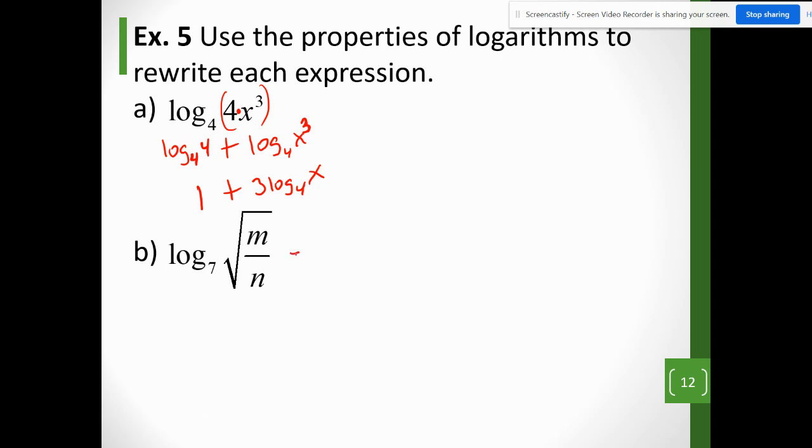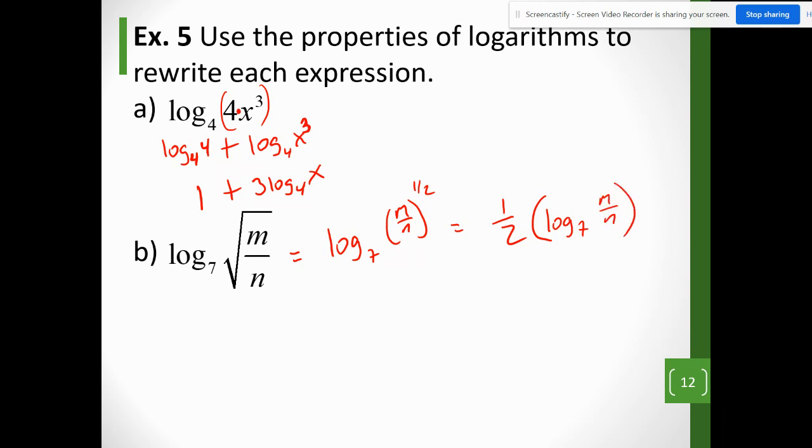Now for example B, let me rewrite this as log base 7 of m over n to the 1/2. 1/2 because my root, I'm going to write it as a fraction. Remember, it's powered over root. So that means that I have 1/2, and then I have log base 7 of m over n.